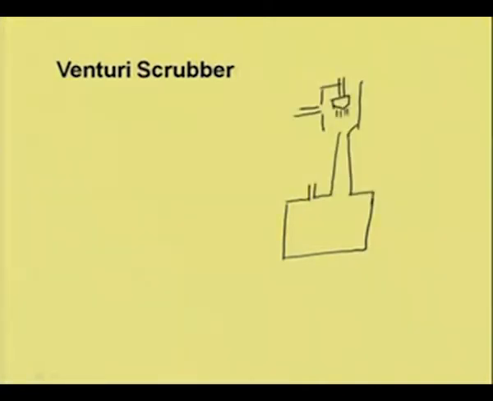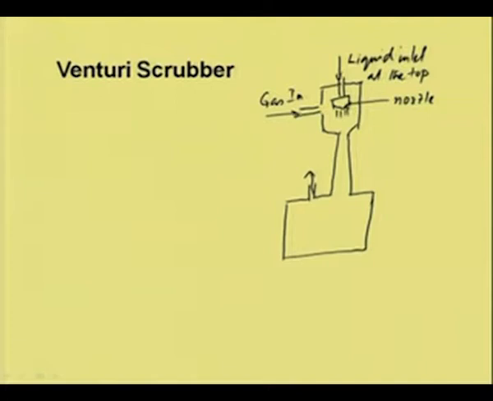So, we have a reservoir, so we have a liquid inlet at the top, and there is a nozzle through which liquid is dispersed, and gas in at the top, and gas out at the bottom, and the liquid out also at the bottom.